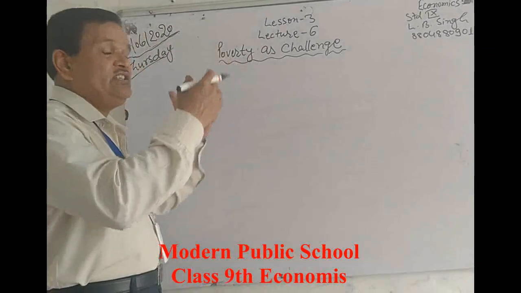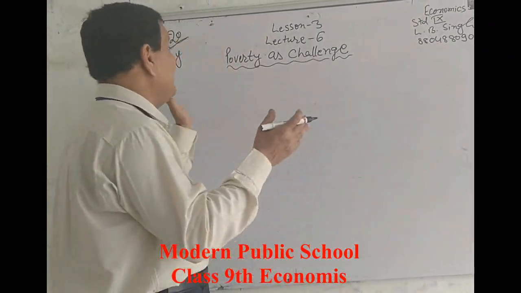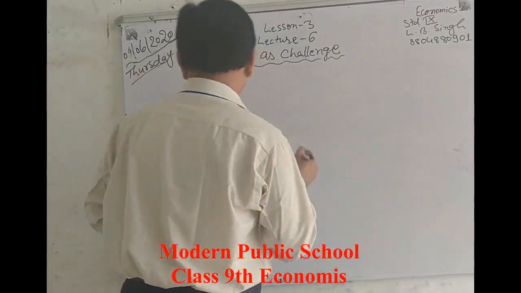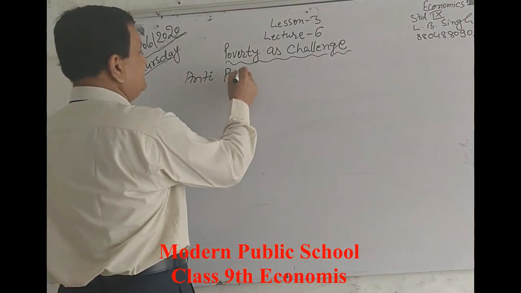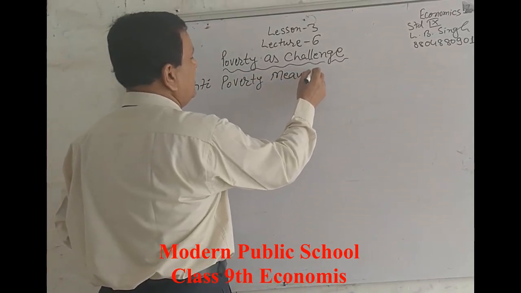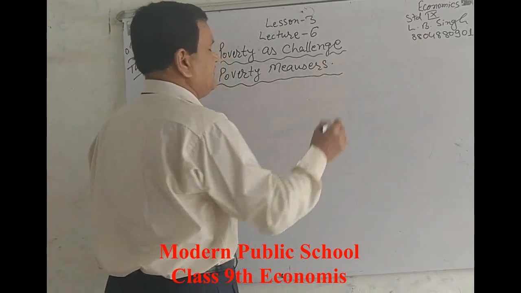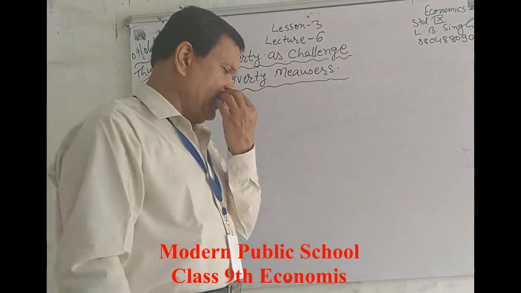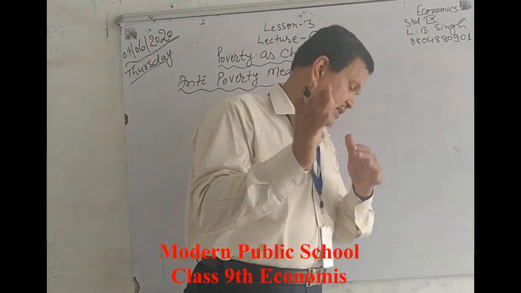So what are the steps taken by the government we have to study in this lecture. That means anti-poverty measures. You should know that on two levels the government is going to remove the poverty in our country.